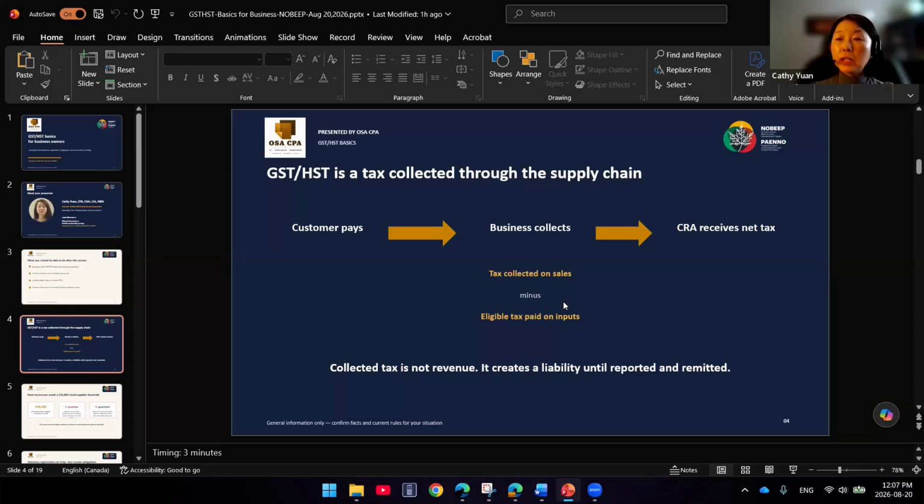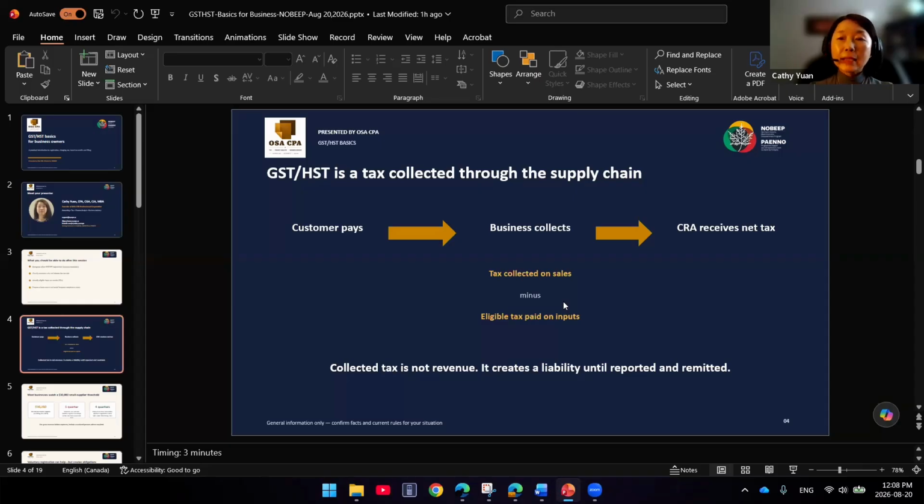But for GST/HST, it's a different story. When we sell something, we charge the GST from the customer. Then, in order to earn the income, we need to buy tools, equipment, or office supplies, and we pay tax to our vendors.